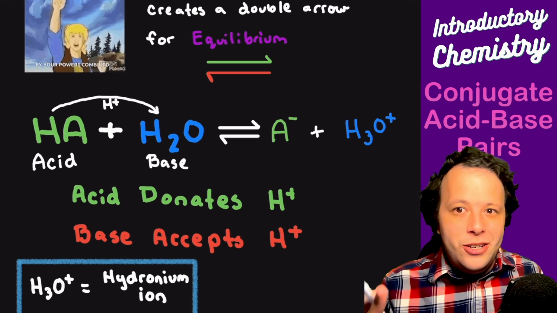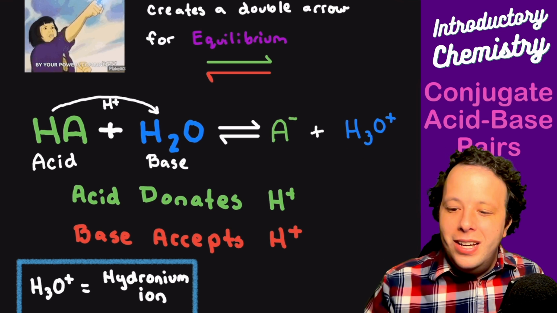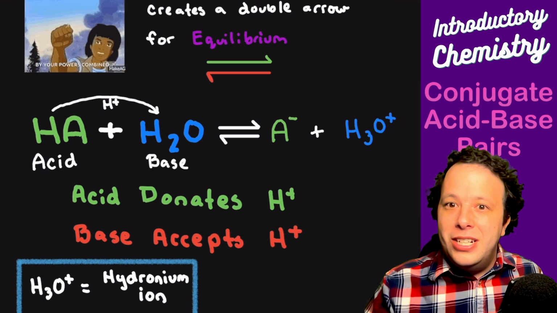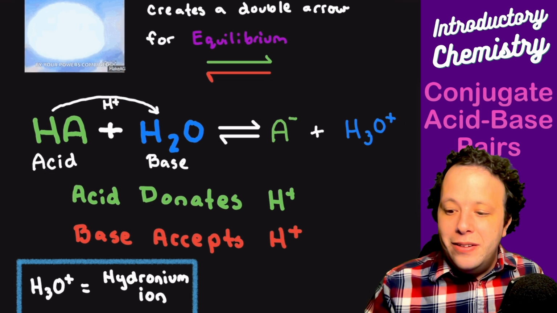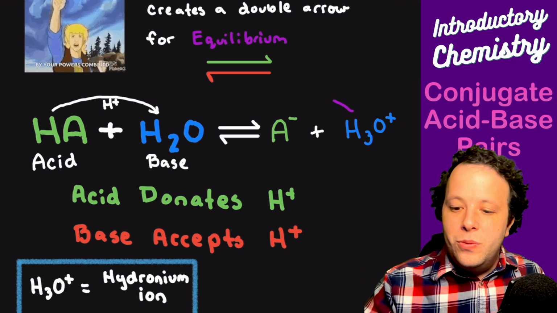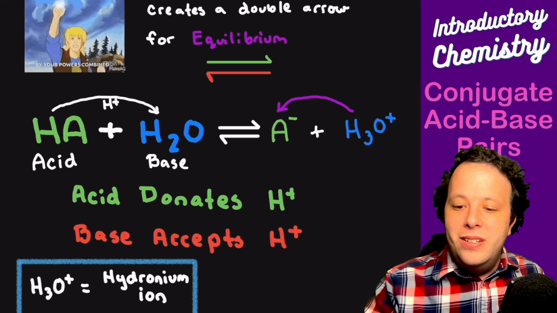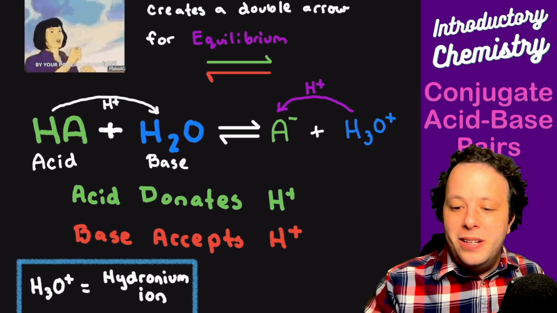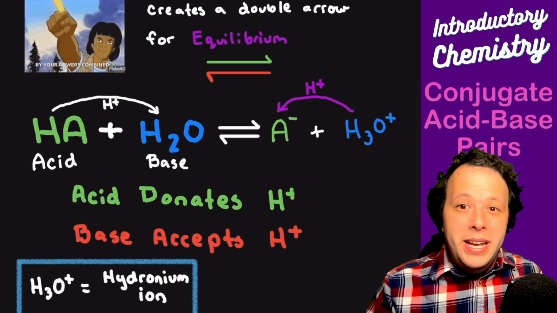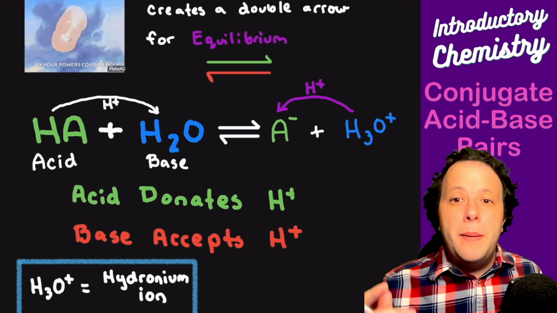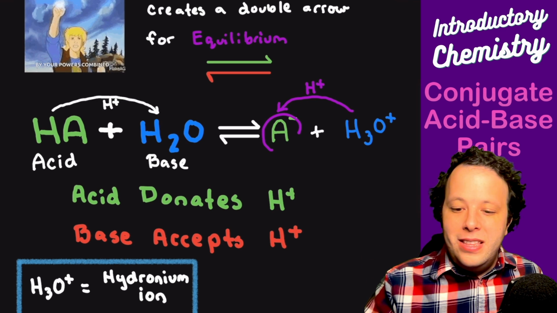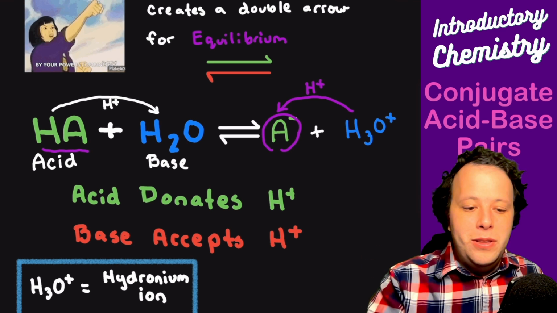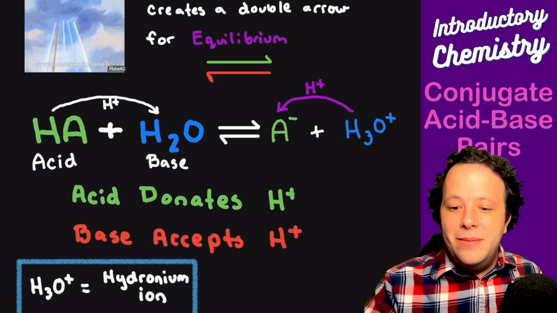Which one has hydrogens to give? You're going to see that H3O plus can give a hydrogen. So this one is going to donate its H plus to the A minus, making HA, going back. As you can see, this one is related to the molecule on the other side.